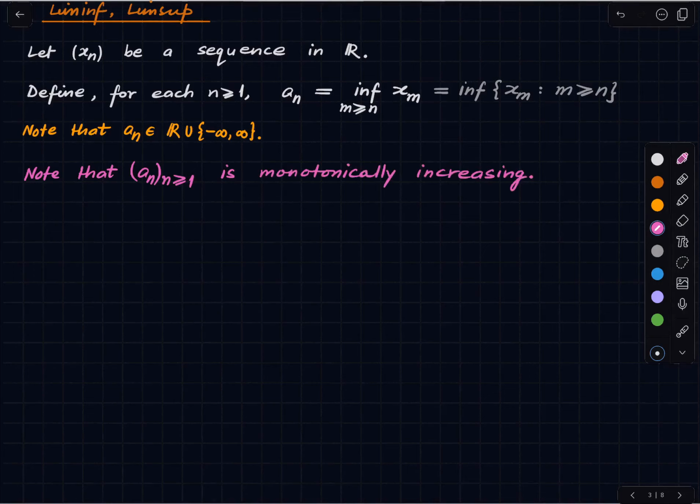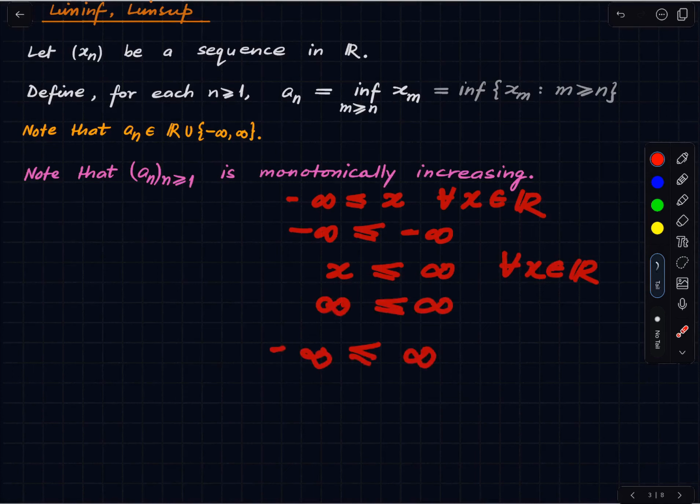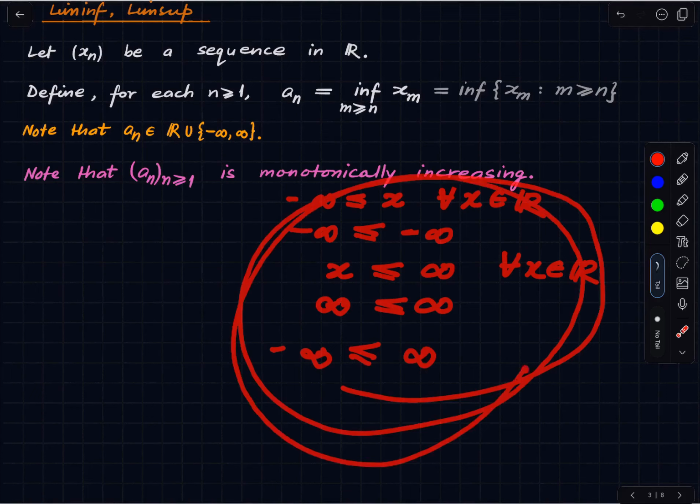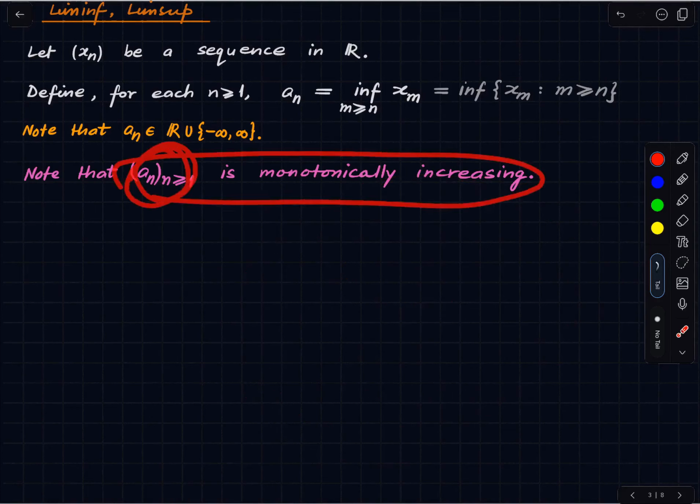Well, of course, under the convention that minus infinite is less than or equal to x for all real numbers x, and obviously that minus infinite is less than or equal to minus infinite, and that x is less than or equal to infinite for all x in reals, and that infinite is less than or equal to infinite, and minus infinite is less than or equal to infinite. So these are some natural conventions, under which we can call this sequence a monotonically increasing sequence.